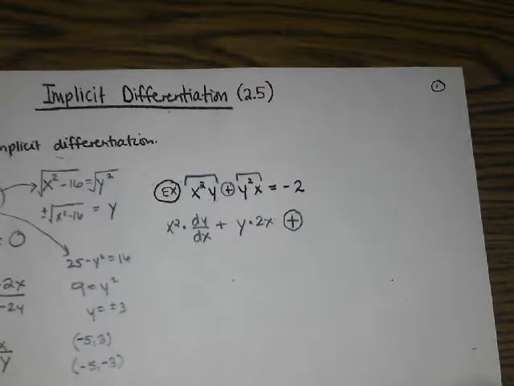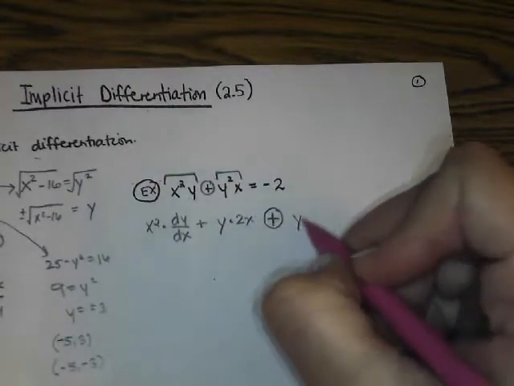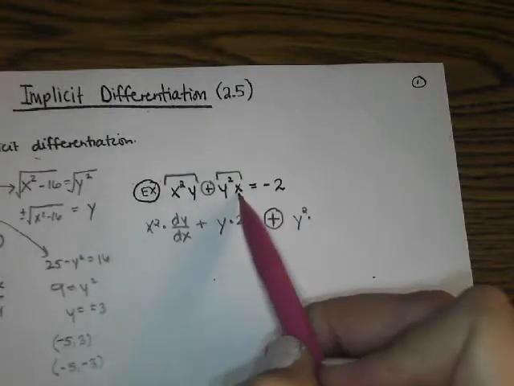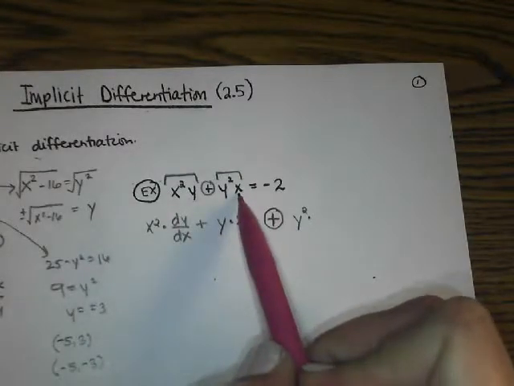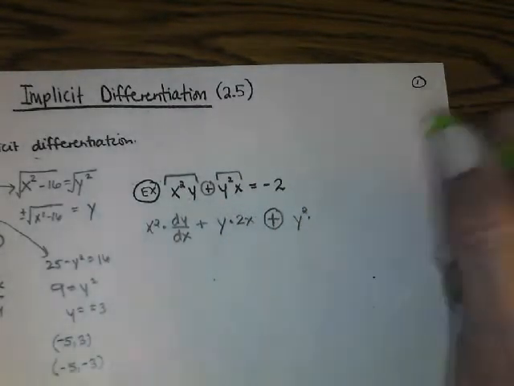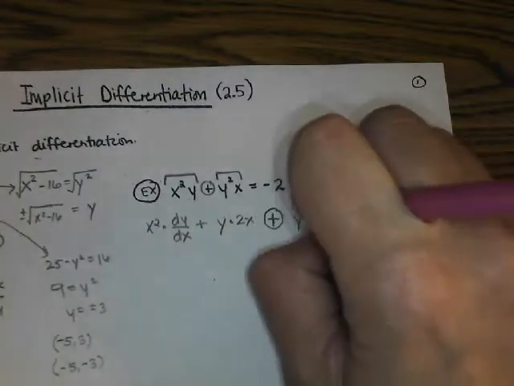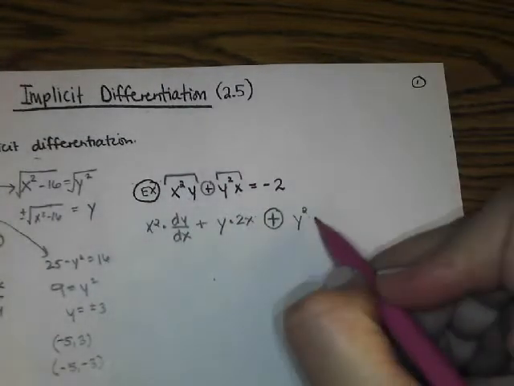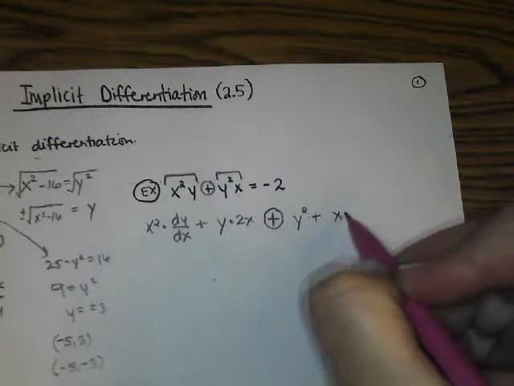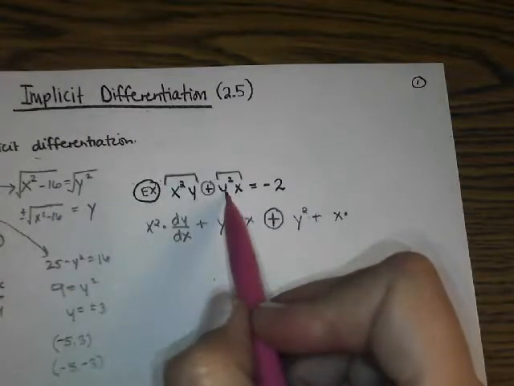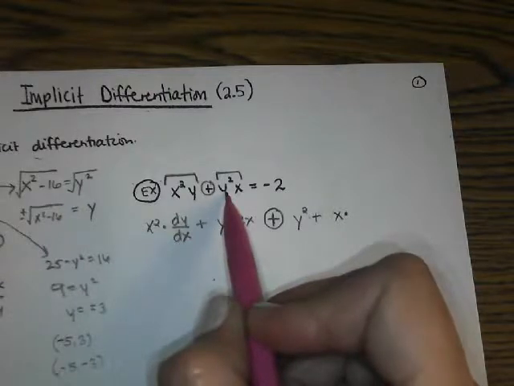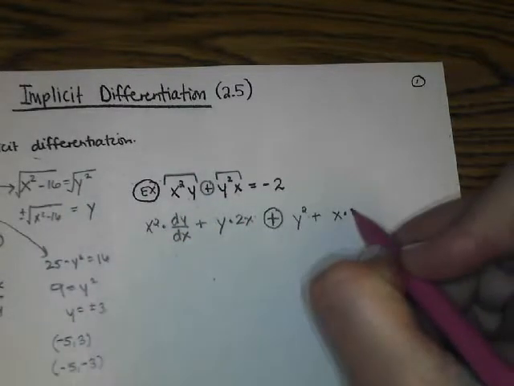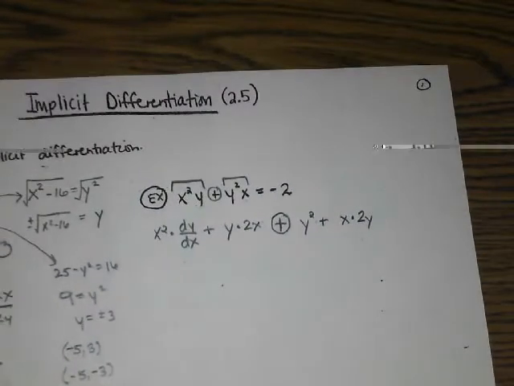What's the derivative of the second? 1, so I don't even need to write that. Plus the second times the derivative of y squared: 2y dy/dx. You still take the derivative based on your regular rules, but then it always has to be followed up with a dy/dx.